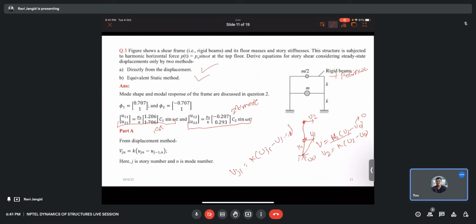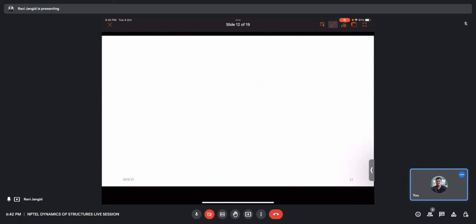For the first story you can write u11 minus u01, and u0 is 0. So we get u11. Same for the second mode. We have four shear forces that you can calculate, and then we can calculate the shear forces. So we go one by one.